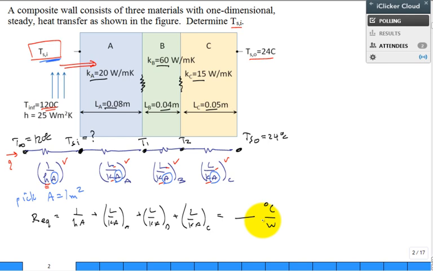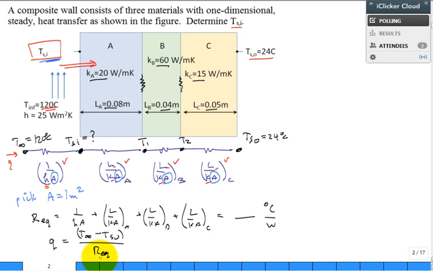Will that have units degree C per watt? Then we say, look, we're going to have the flow through the whole network equal to what drives it, T infinity minus TSO. That's the large delta T over the entire network, divided by this R equivalent. That allows me to calculate Q.